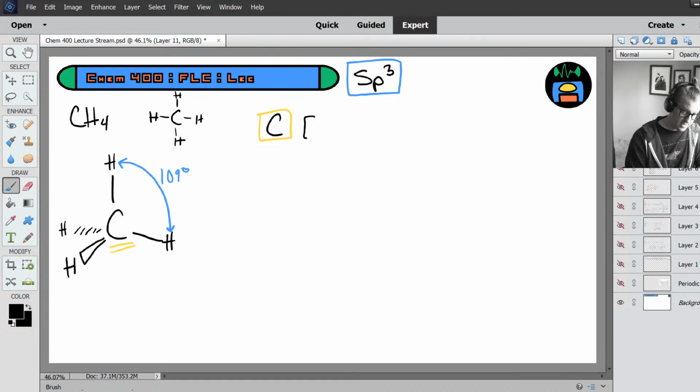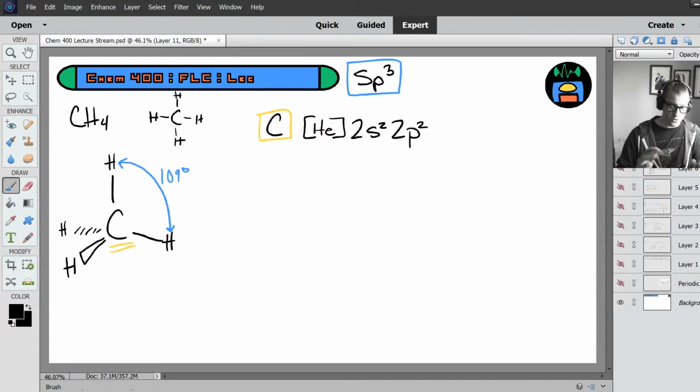It would have a helium core. And the valence electrons, which are the electrons farthest from the nucleus, are the electrons involved in bonding for carbon. The valence electrons are in the 2s subshell and the 2p subshell, right? That's the electron configuration. For carbon, it's helium, 2s2, 2p2.